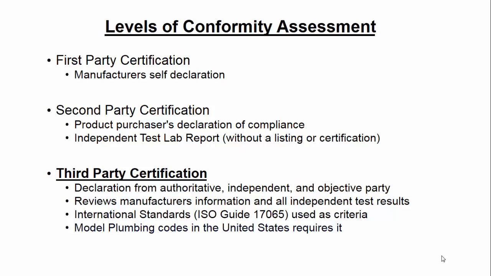That is the declaration from an authoritative independent third party that reviews all of the manufacturer's information and does an assessment through testing and other guidelines that we'll talk about. And the most important part that was previously mentioned is that third-party conformity assessment is required as a part of each one of the model codes in the U.S.